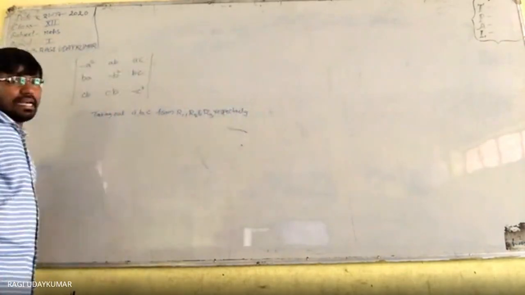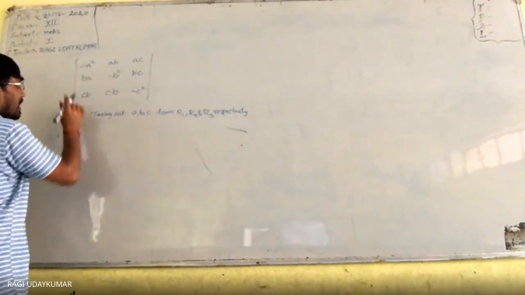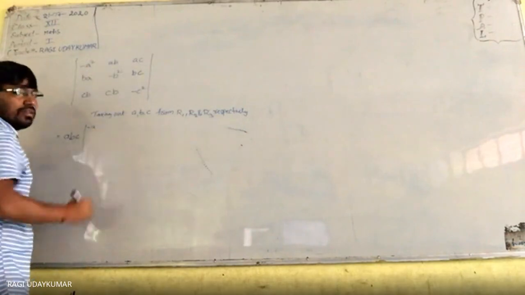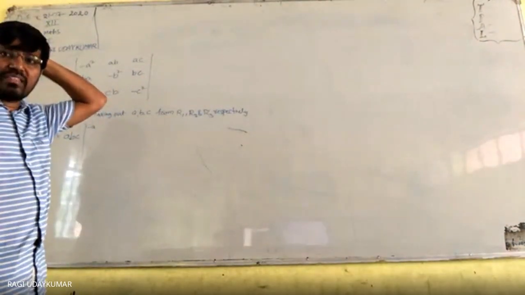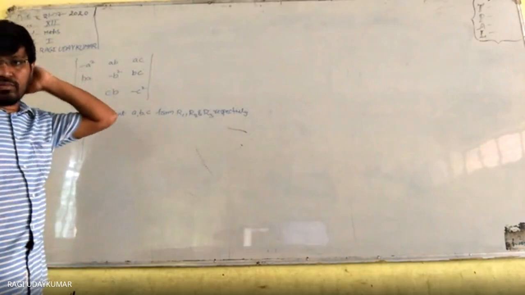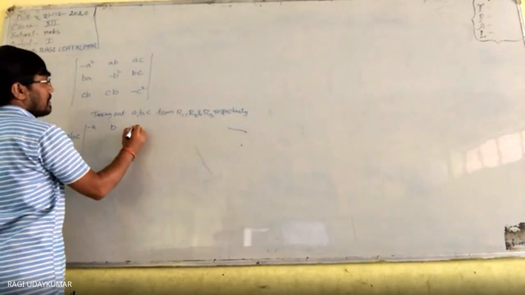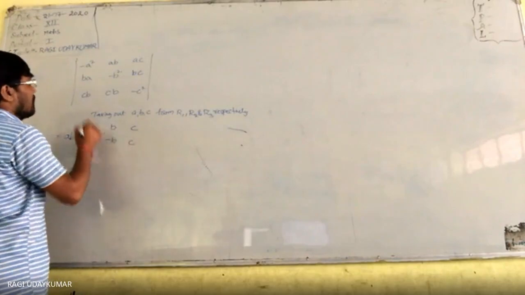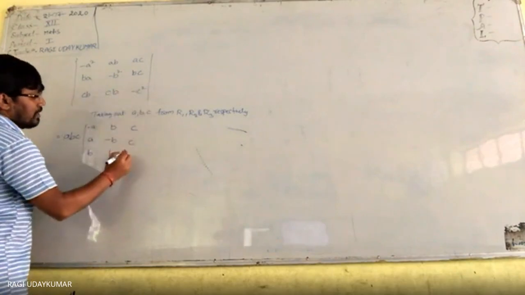From the first row a is common, from the second b, from the third c. So what is left over here? Minus a, b, c in the first row. Here b is taken common, and from this c is taken common, giving b and minus c.